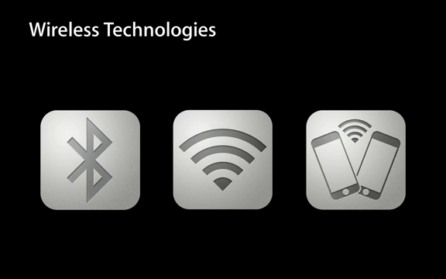So peer-to-peer Wi-Fi networking will enable your iOS devices to communicate with each other using Wi-Fi technology, even if they're not connected to an access point, or if they're connected to different access points. So we think this will bring nearby networking on iOS to a whole new level. We're very excited about this.